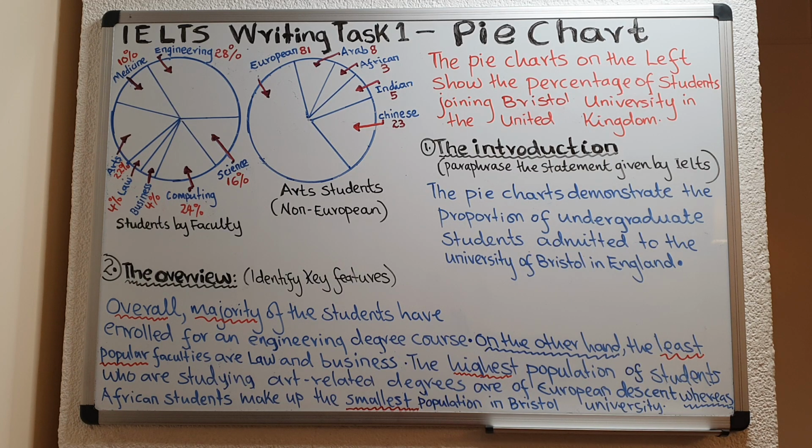Now, overall, comma. So the first feature that we identified is that the highest faculty is engineering with 28%, and the lowest is law and business with 4%. So we are now going to transfer that information into our overview. So overall, majority of the students have enrolled for an engineering degree course.